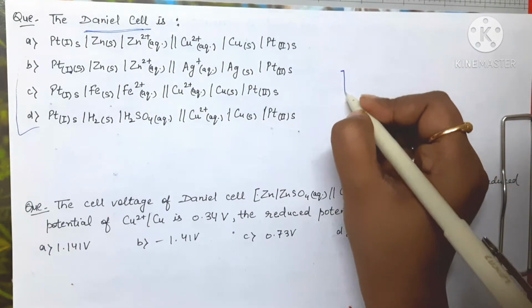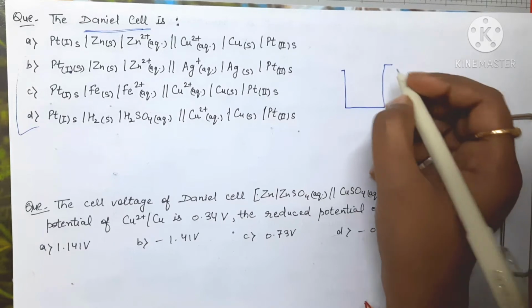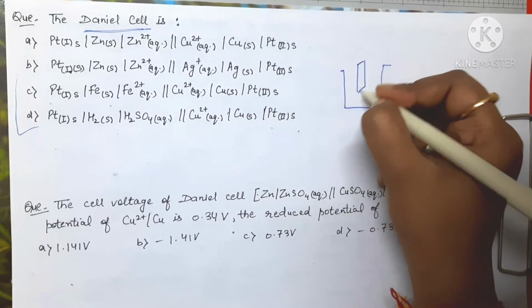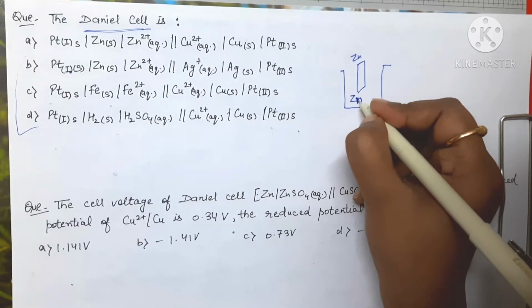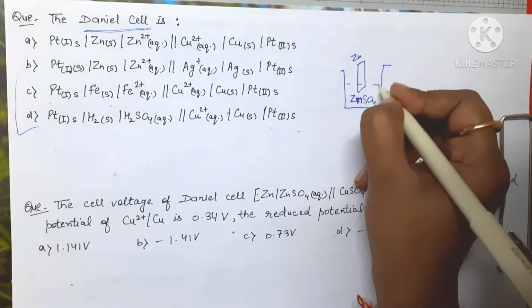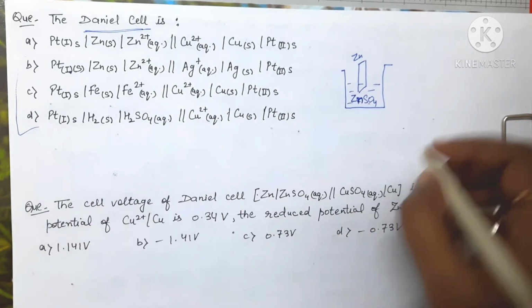The left half of this Daniell cell will be having zinc metal dipped in zinc sulfate solution, right? This will be the left half.